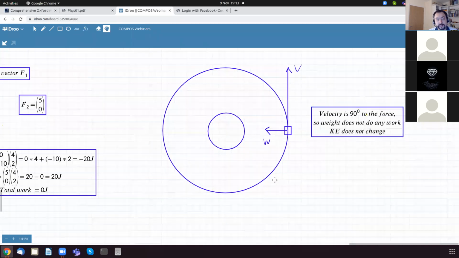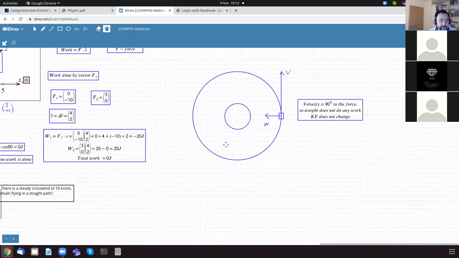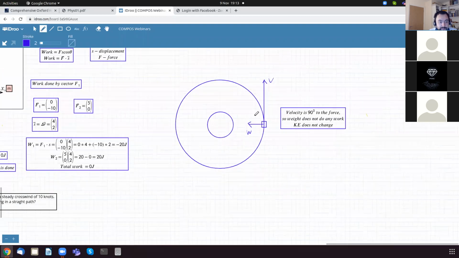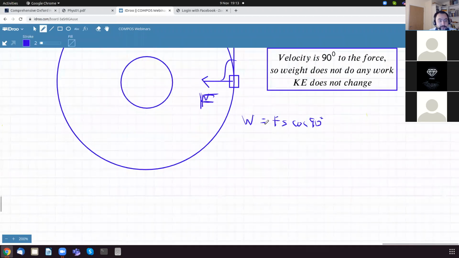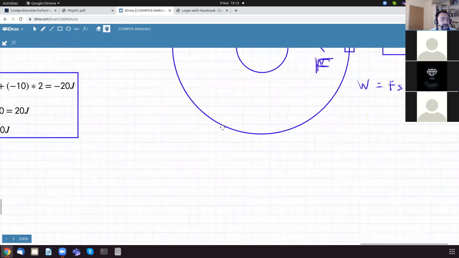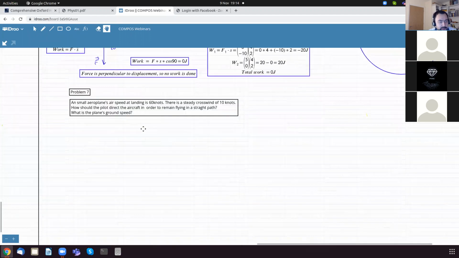Therefore, work is force times distance times cosine 90 in this case, so that's 0. Work is 0. That's an important result. It's very frequently asked in exams, so you might want to just keep that in mind.